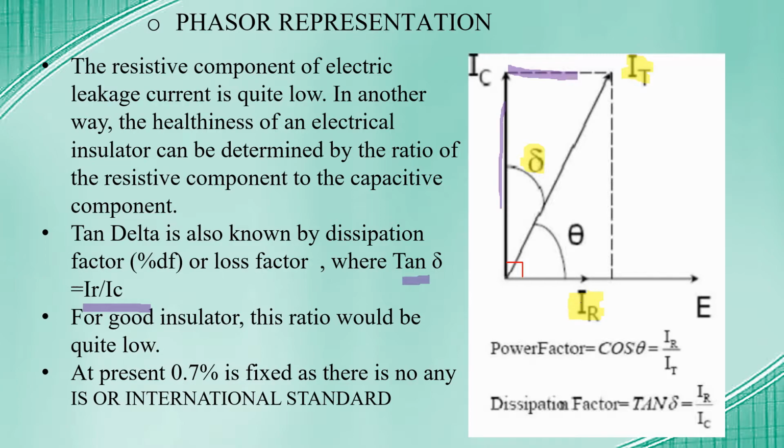From this, we can conclude that tan delta should be as low as possible. This means the tan delta value for a good insulator is very low and the tan delta value for a deteriorated or contaminated insulator is high.